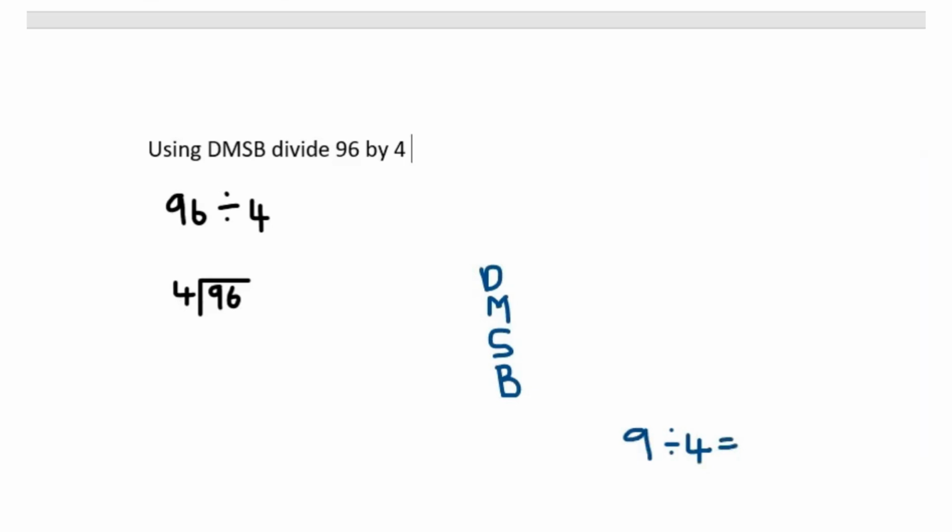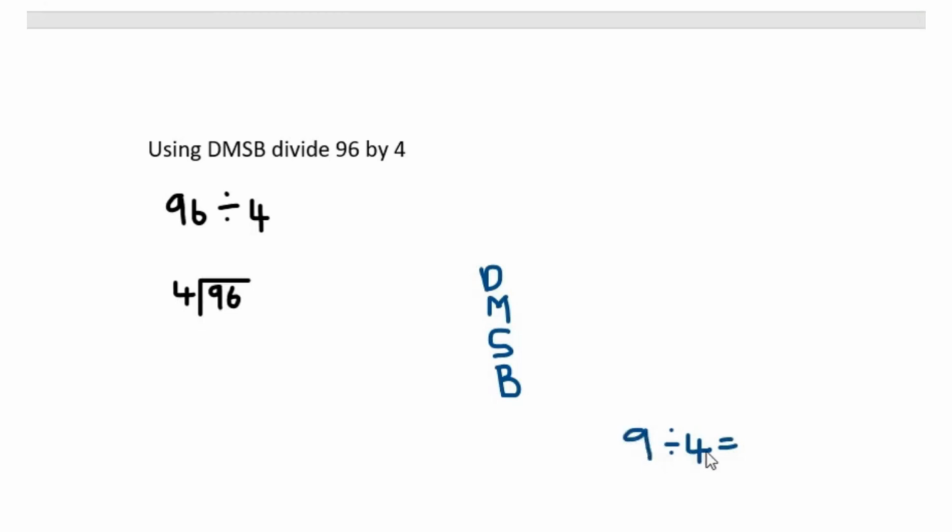Can it go into 9, Fariso? Yes. That's correct. Perfect. The reason why 4 can go into 9, right, is because 9 is a bigger number and 4 is a smaller number. So we're dividing a bigger number by a smaller number.